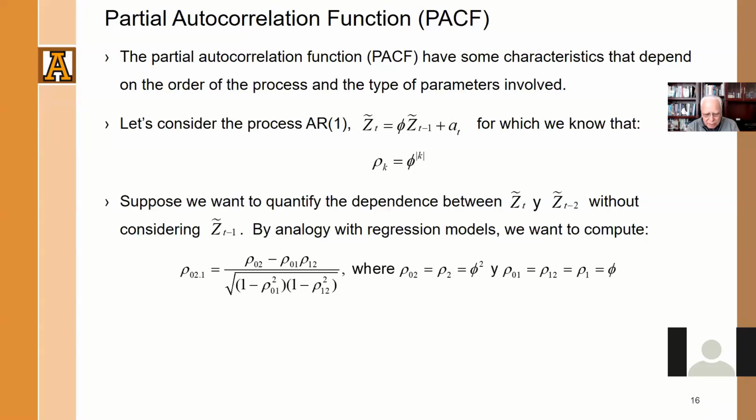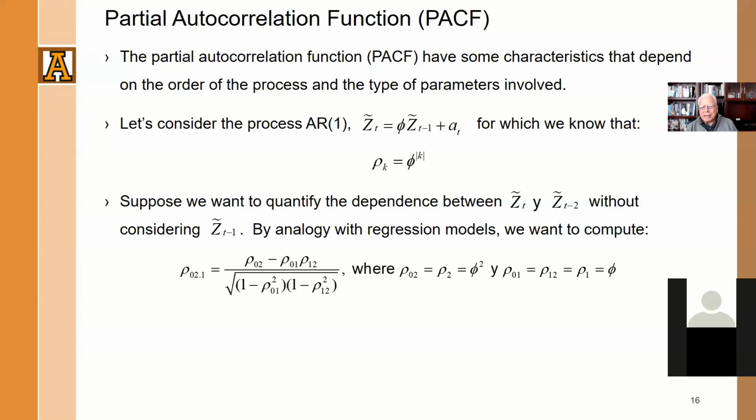Now, suppose we want to quantify how much Z_t depends on Z_{t-2}. This model relates Z_t with Z_{t-1} because it's an AR1 process. However, just imagine that it was an AR2 process.